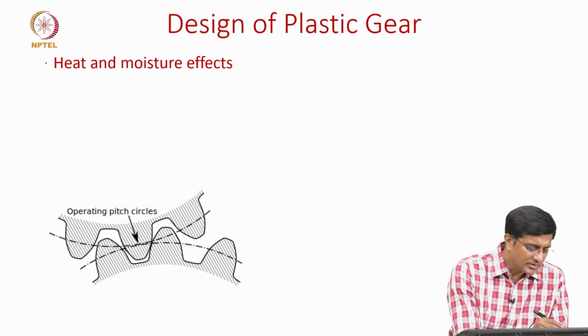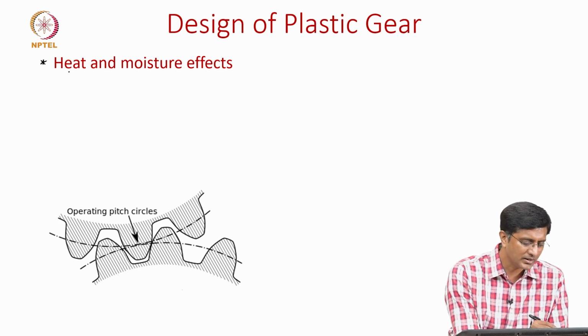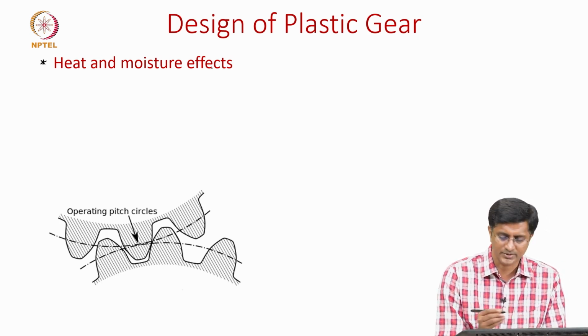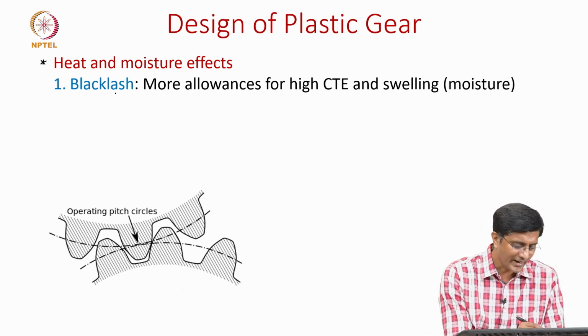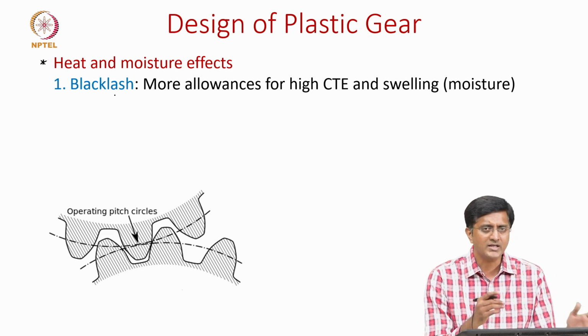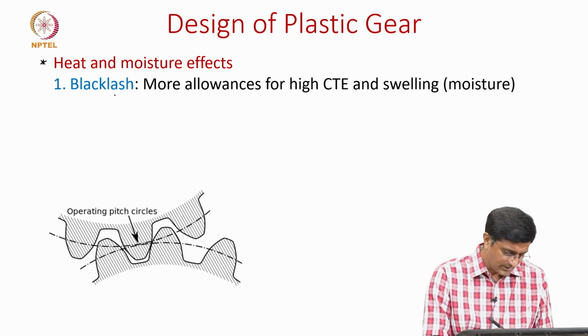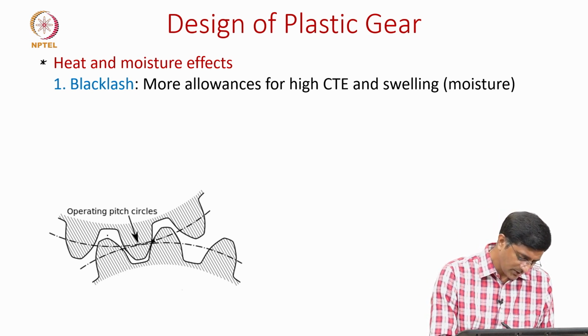So, one of the major criteria we need to look at is how to handle these heat and moisture effects. First, let us look at what is called backlash and how it gets affected. Backlash is the clearance. Let us say here we have a tooth to tooth contact, but to the left there is some clearance.